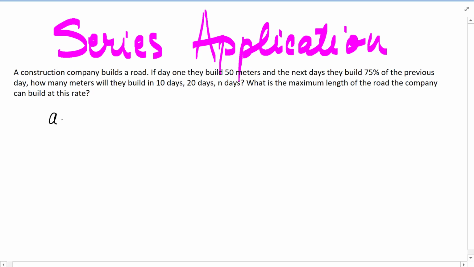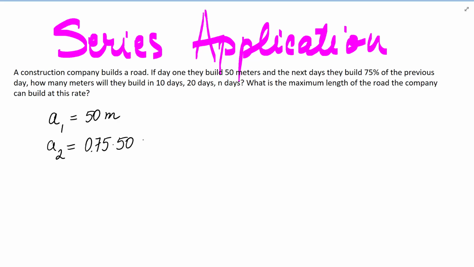We can say that the first day they build 50 meters. So let's say A sub 1 is 50 meters. A sub 2 is 75% of A sub 1, so 0.75 of 50. We can compute this with the calculator and obtain 0.75 times 50, 37.5 meters.